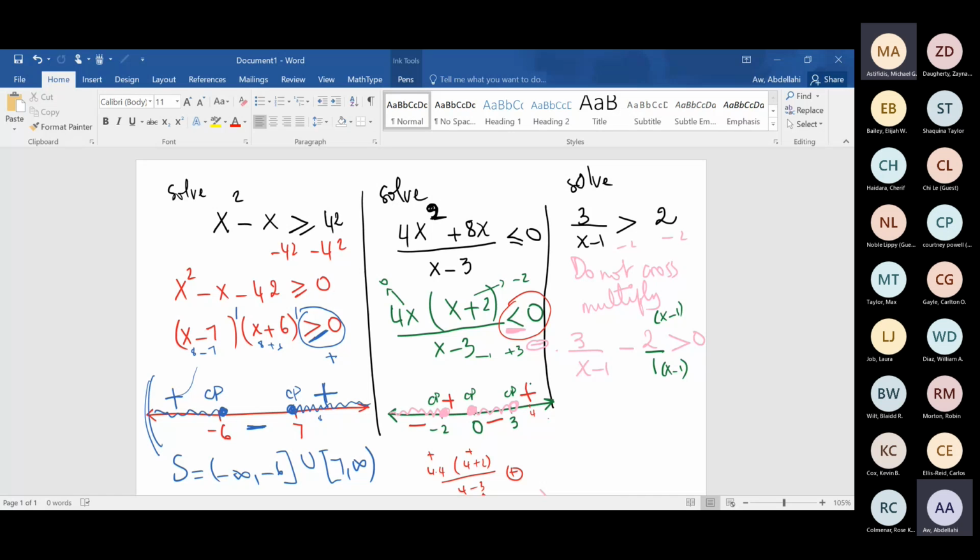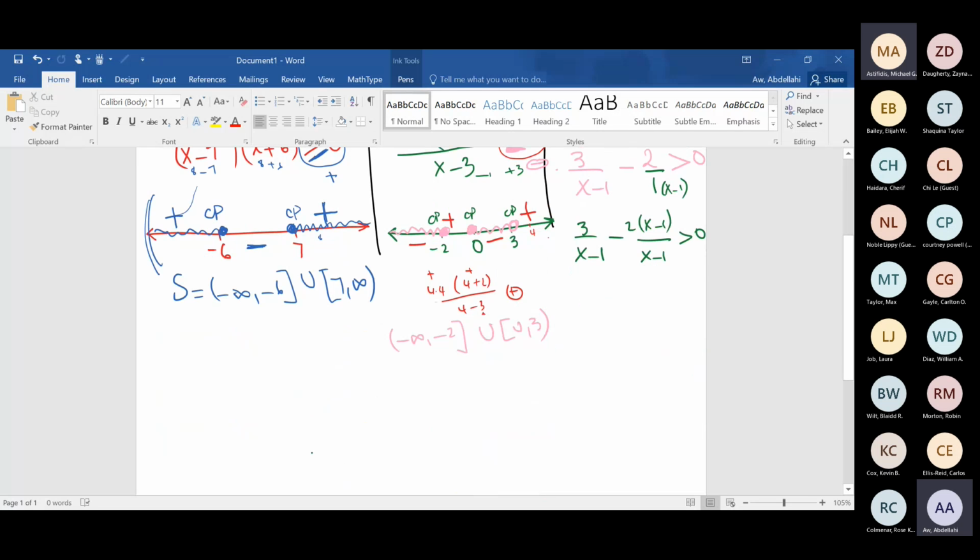I have the right to do that. It's 3 over x minus 1 minus 2(x minus 1) over x minus 1 greater than 0.